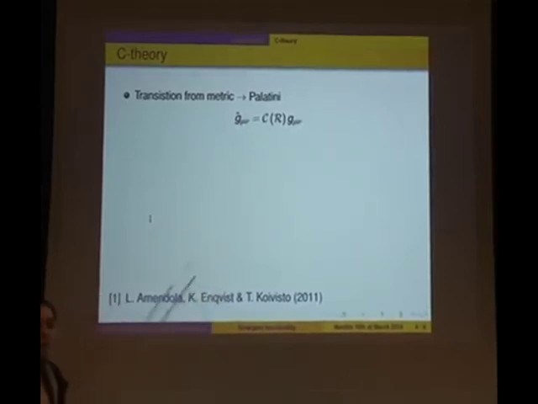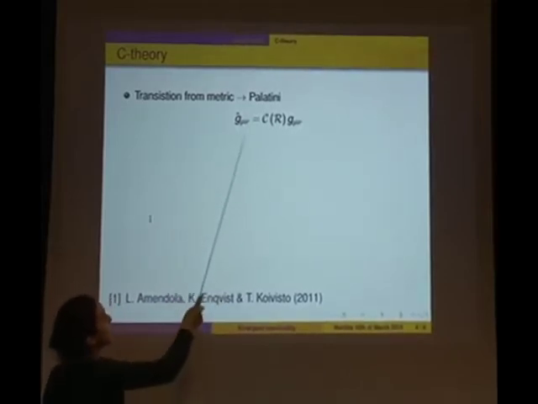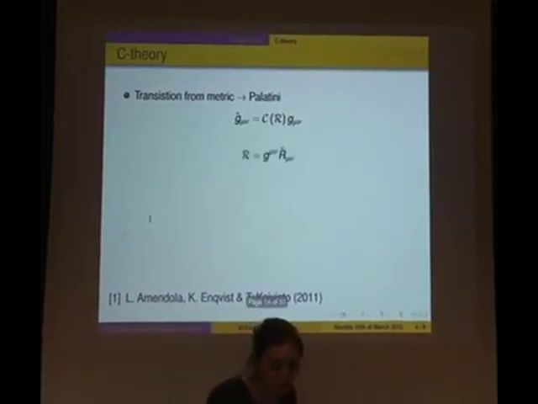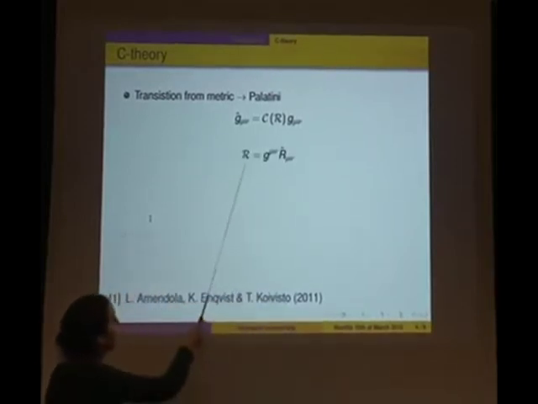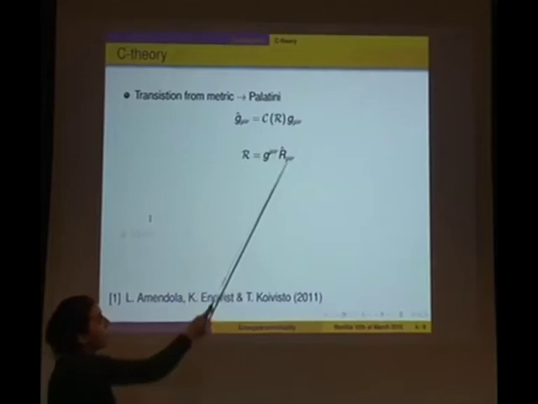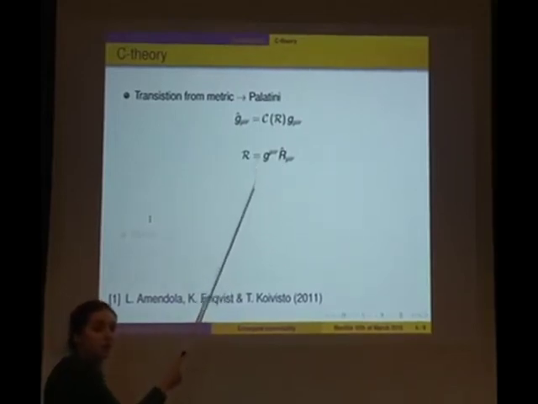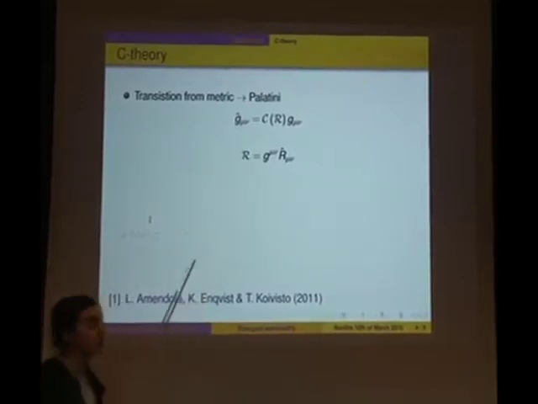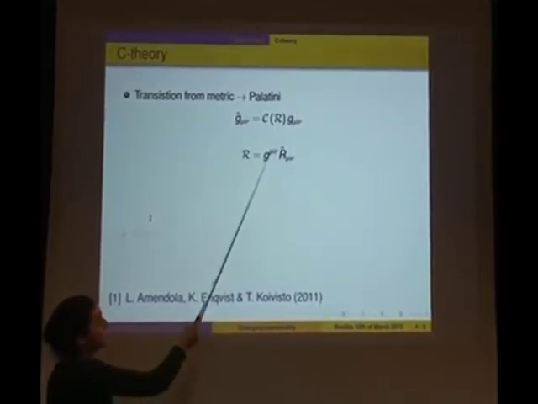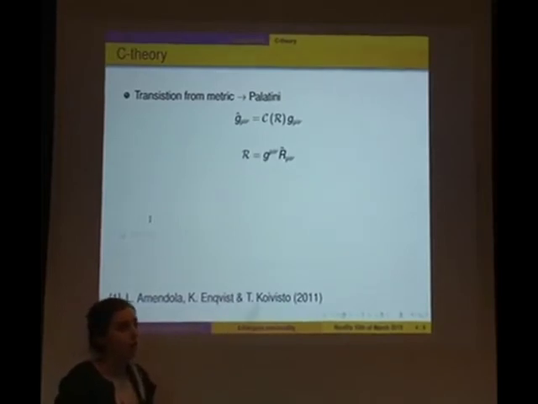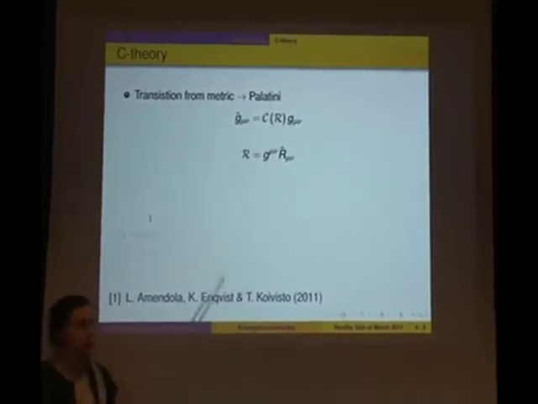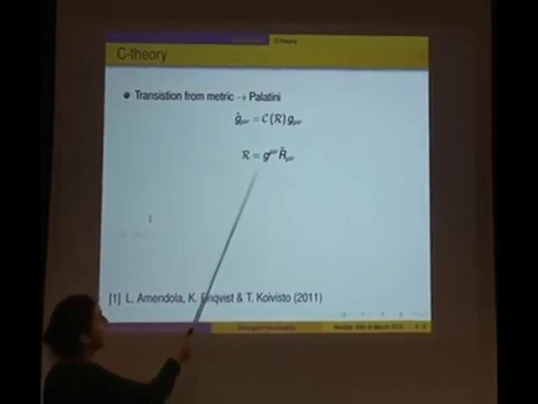So it's exactly like the types that Miguel talked about, only that this C now is a function of this twiddly R, which I'm now going to tell you what it is. This twiddly R is built from the hatted Ricci tensor, which belongs to this hatted metric, and it's been contracted with the matter metric, just because the matter metric is what we use to contract indices in this framework.